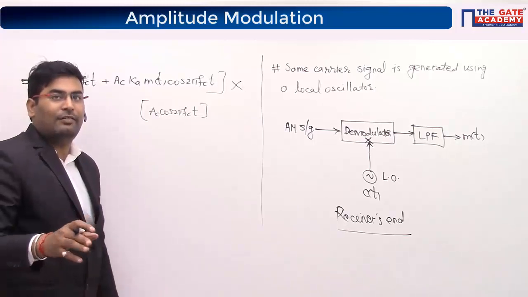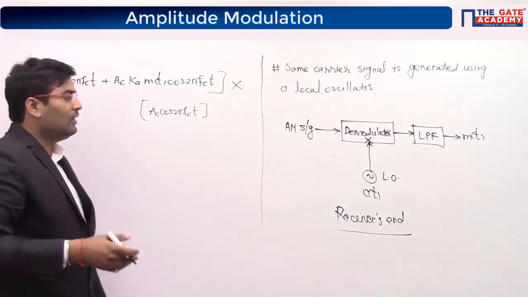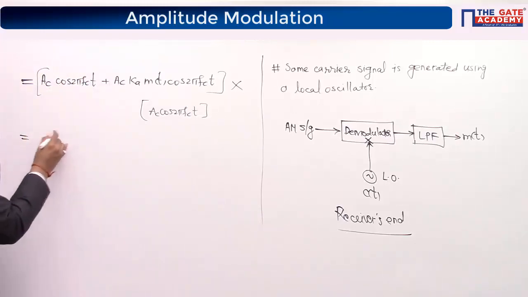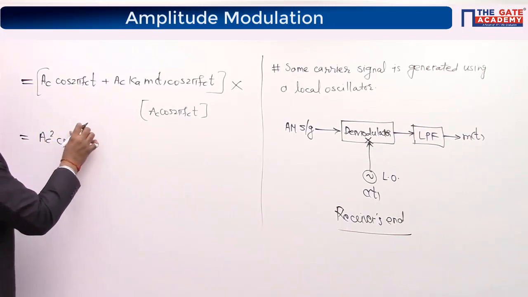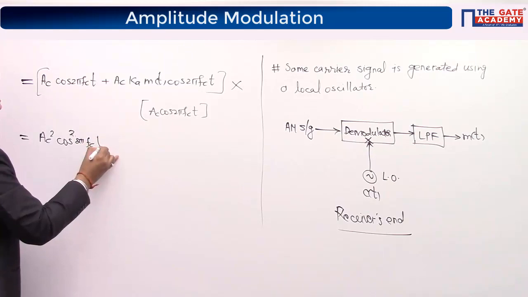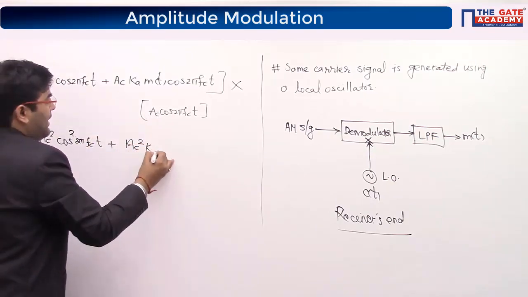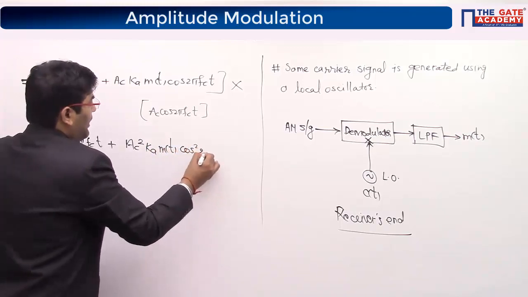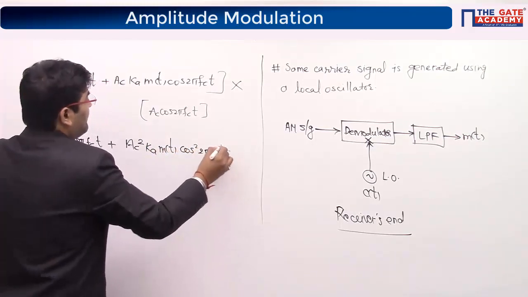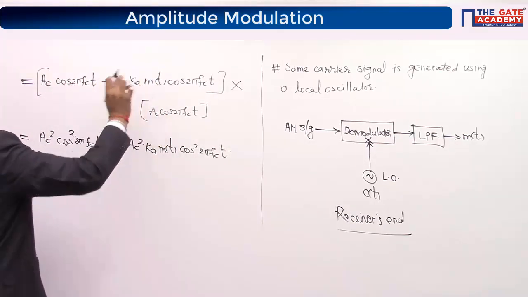Guys, in case you have any question or doubt, please feel free to ask. If you multiply this, you will get Ac square cos square 2 pi fct plus Ac square ka m(t) cos square 2 pi fct. I've done nothing, I've just multiplied this term here and this term there as well.